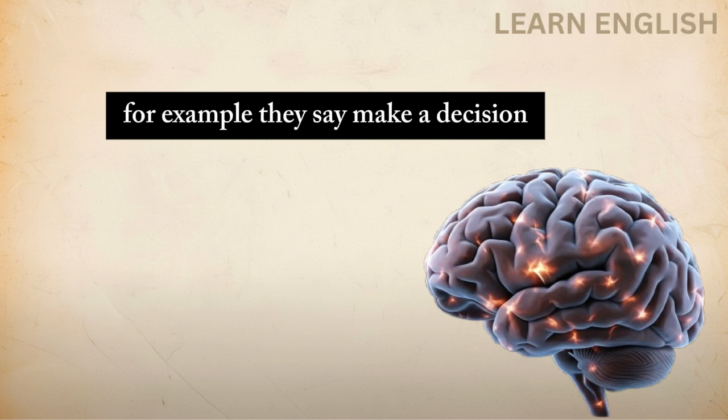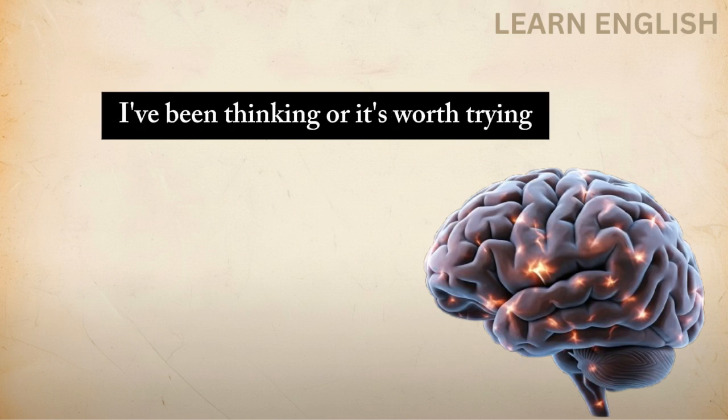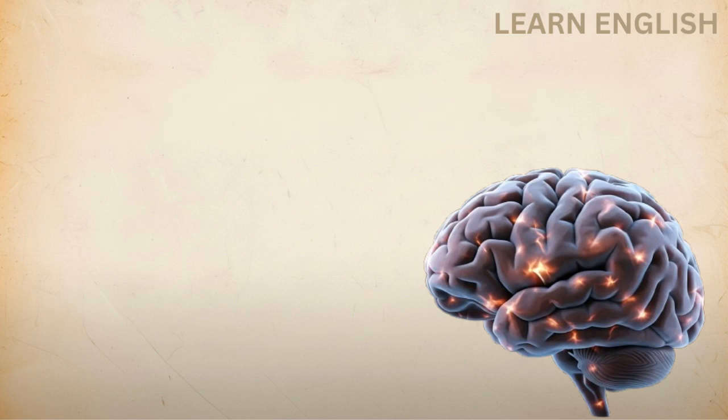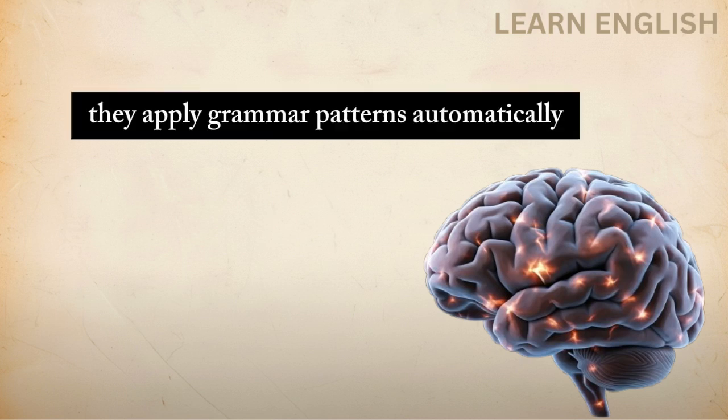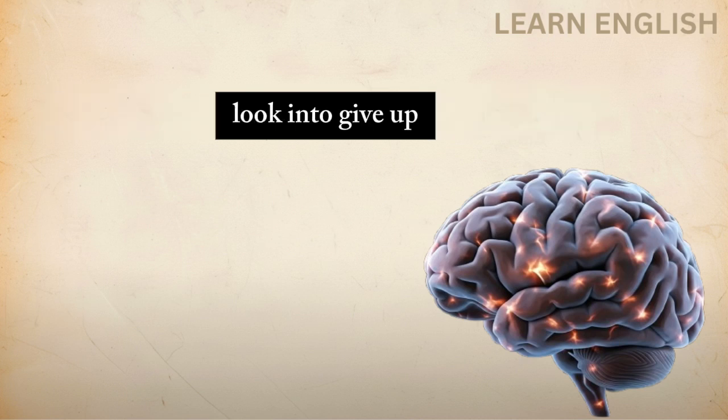For example, they say, "Make a decision," not "do a decision." They use phrases like, "I've been thinking," or "it's worth trying," as ready-made chunks. They apply grammar patterns automatically, like conditionals, "if I had known," or phrasal verbs: look into, give up.